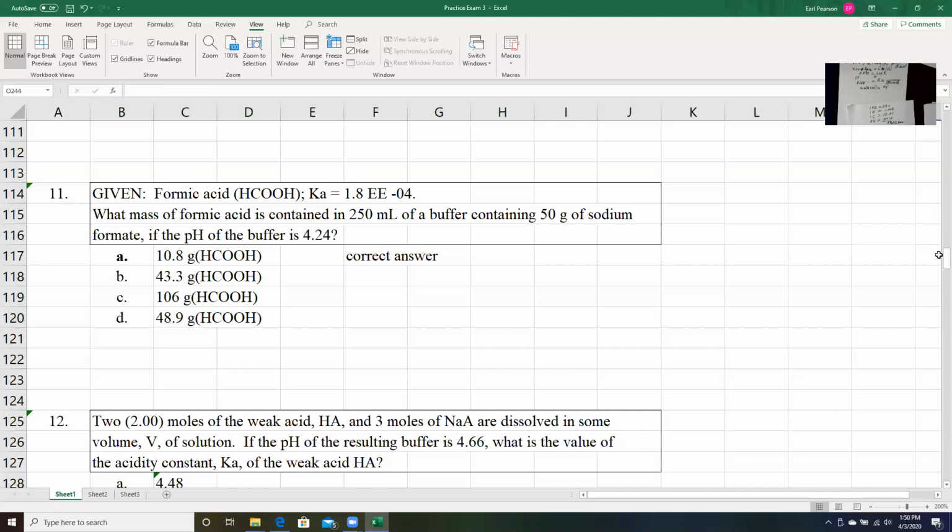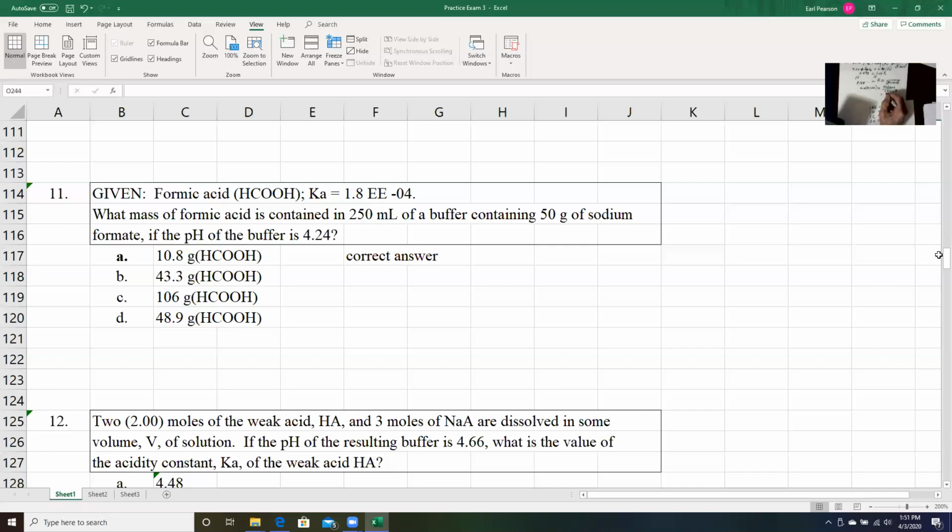So I've got 50 grams divided by 68.02. That's moles. And I want to put it per liter. It's in 250 milliliters. So here we go. We got 50 divided by the molecular weight, and divide that by 250 times 10 to the minus 3.